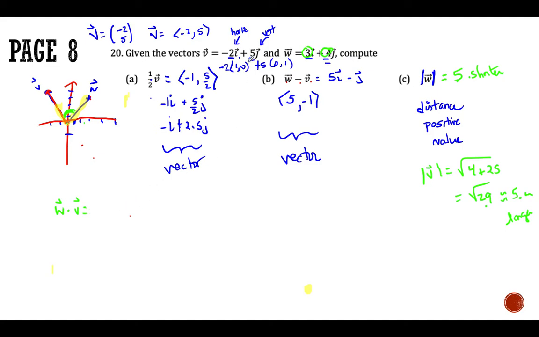So the dot product is a sum of two products. It is the product of the horizontals plus the product of the verticals.